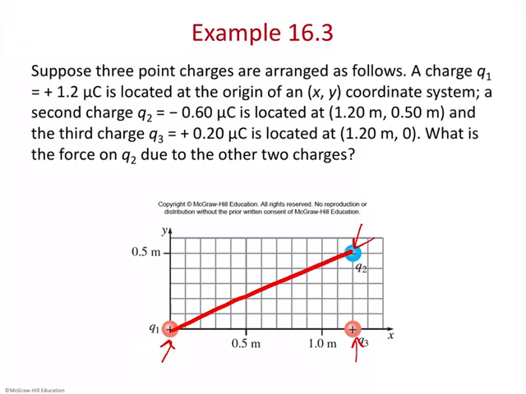We've got this force right here pulling on each other, and then you've got this happening right here. So it's going straight down. Remember that head to tail method? So we have something like that, and then you do the resultant vector. So that's what we end up having to find, the force on Q2 due to both of those forces on it. So we're basically looking for this value right here.